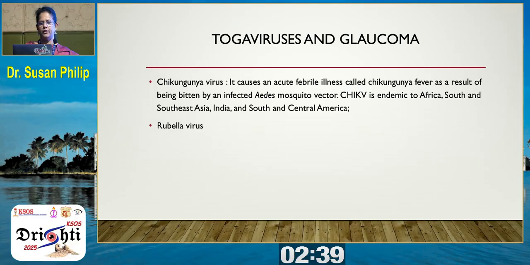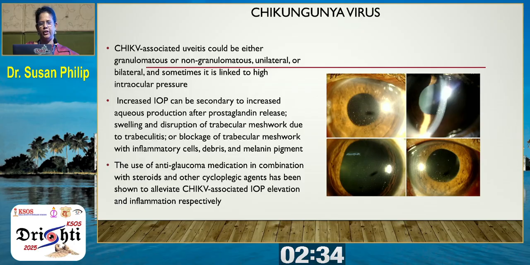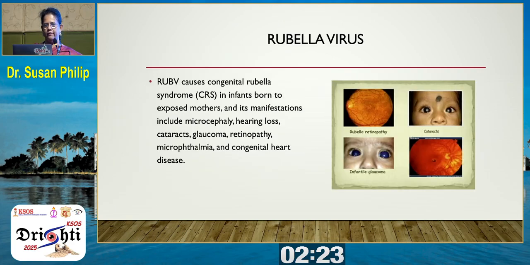Togaviruses causing glaucoma include chikungunya and rubella virus. We have had many episodes of chikungunya in Kerala, and a few cases have been reported with uveitis following chikungunya virus.